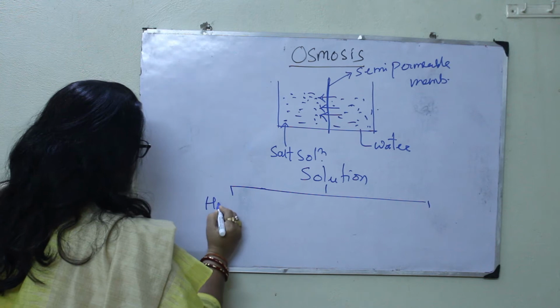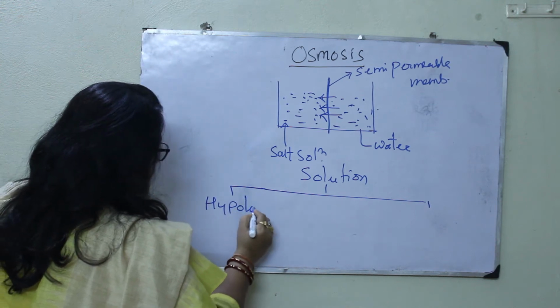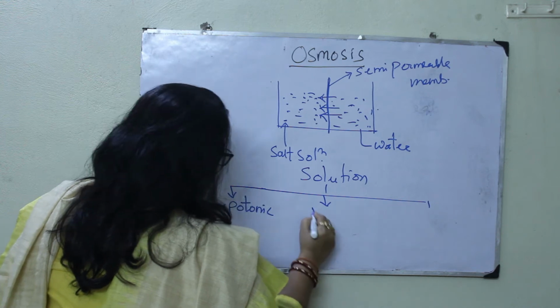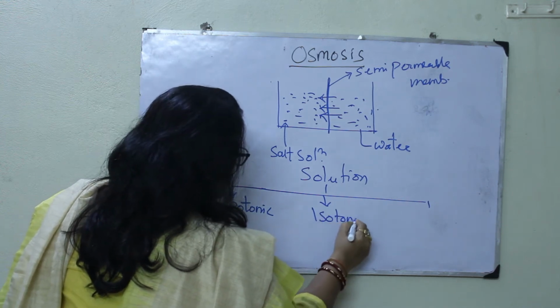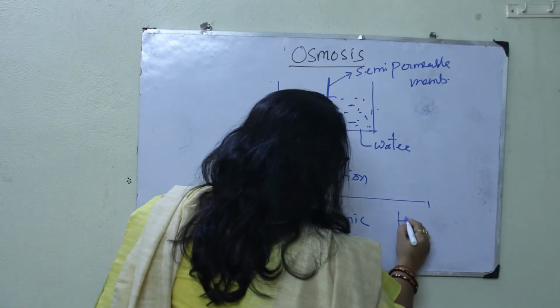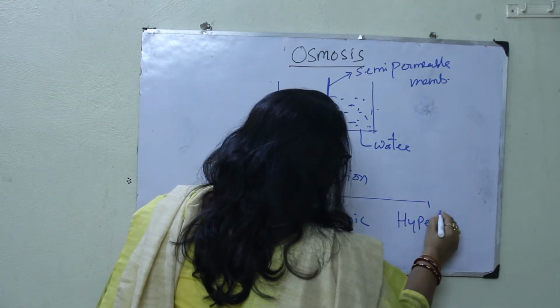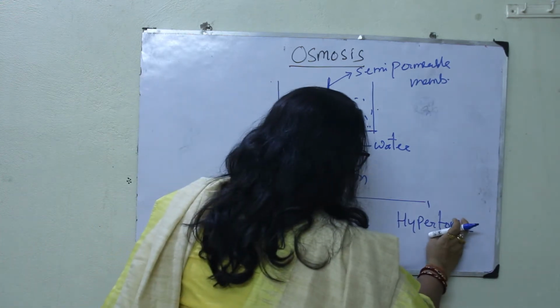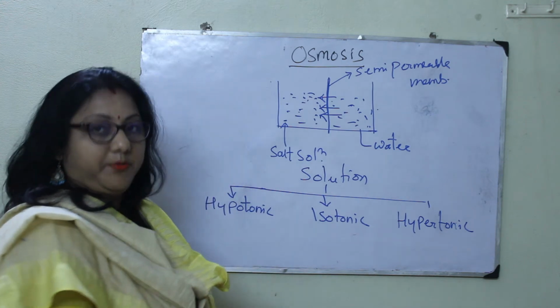Okay, one is the hypotonic, second is the isotonic, and the third one is the hypertonic. Okay, so hypertonic, isotonic and hypotonic.